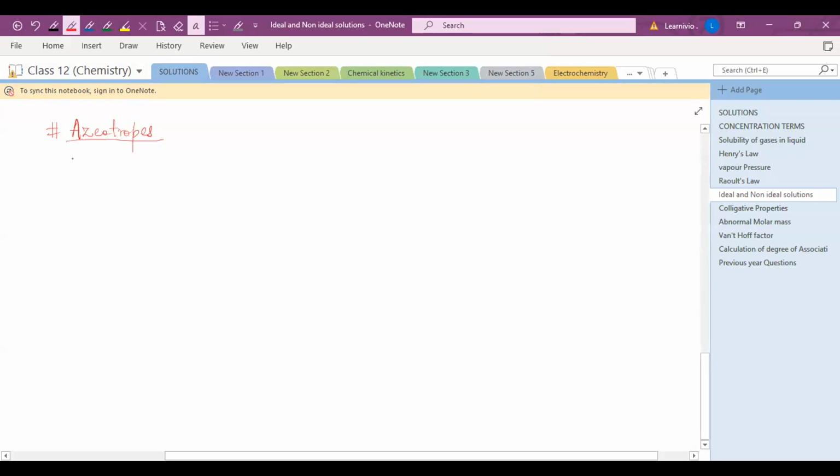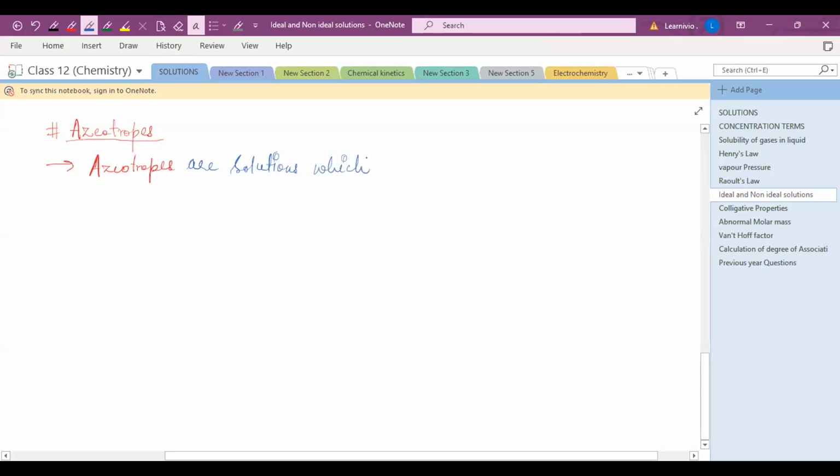First, write down what is azeotropes or azeotropic mixture. You can write: azeotropes are the solutions which boil at constant temperature.